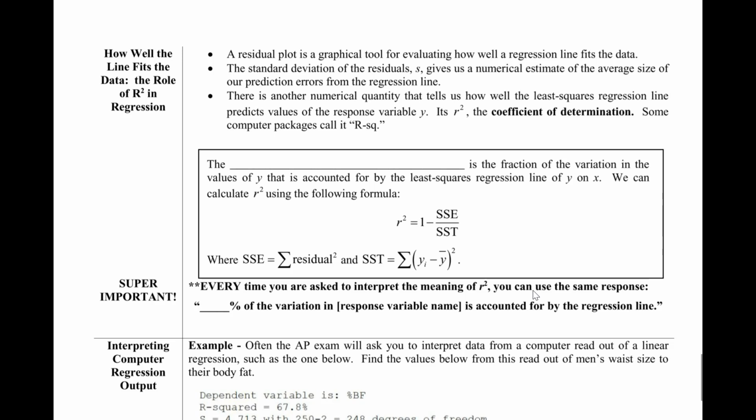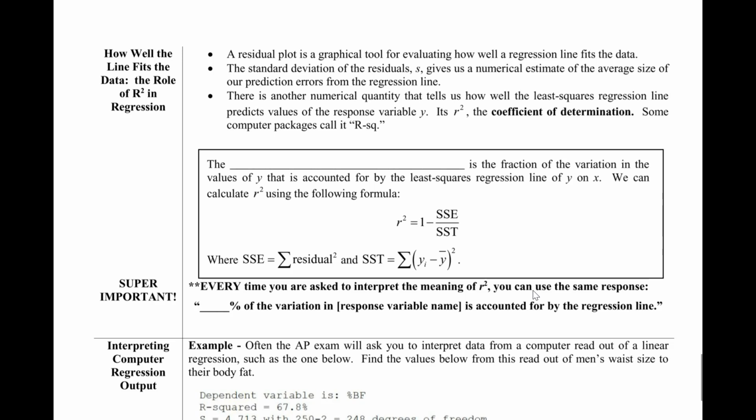So if R is almost just a standard deviation of our line, remember we just did standard deviation of the residuals, then R-squared would be like the variation. It would be kind of the average of all of those squares that we created around our residuals.